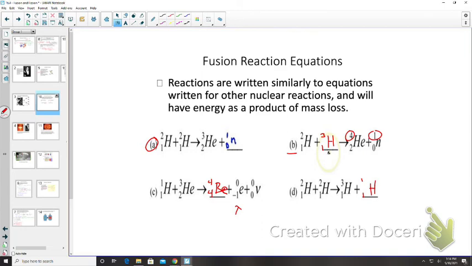Okay, so this is normal hydrogen. When it is hydrogen 2, this is deuterium. And hydrogen 3 is going to be tritium, I believe. And yeah, hydrogen 3 is called tritium.